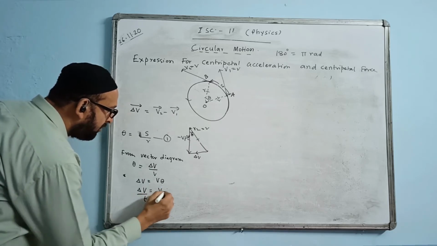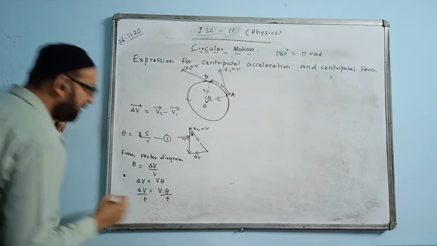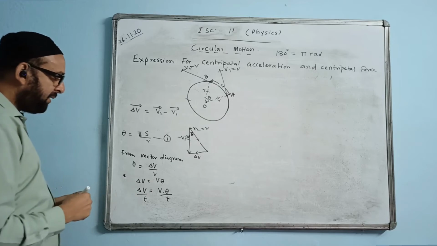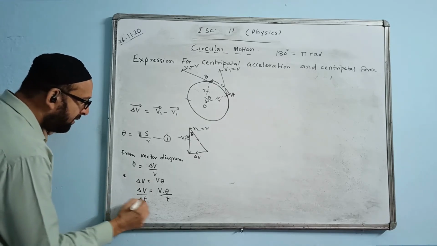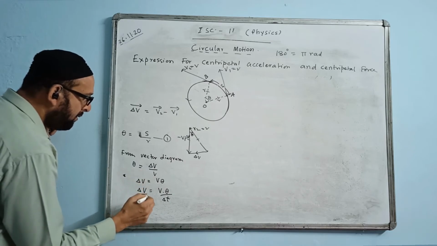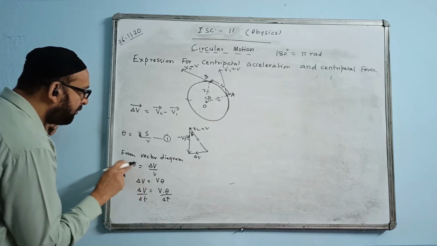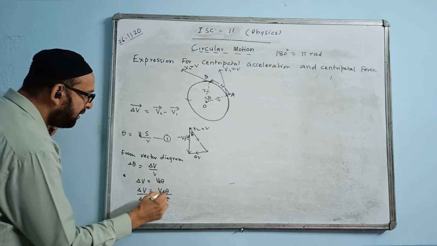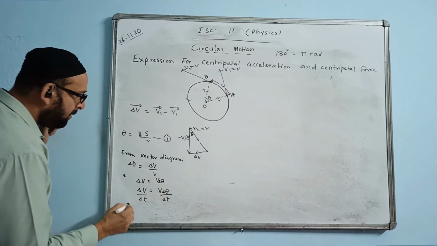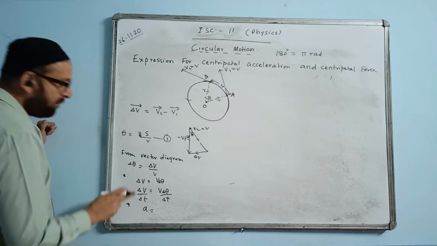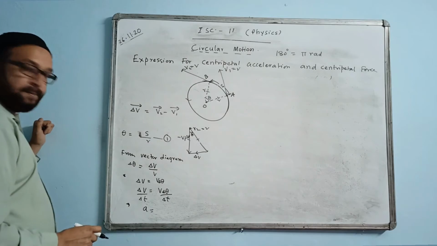Let us divide by t on both sides, or delta t rather. Since theta is variable, we can put the delta sign, delta theta. Here also we can put a delta sign. Delta V by delta t is called acceleration, change in velocity with respect to time.